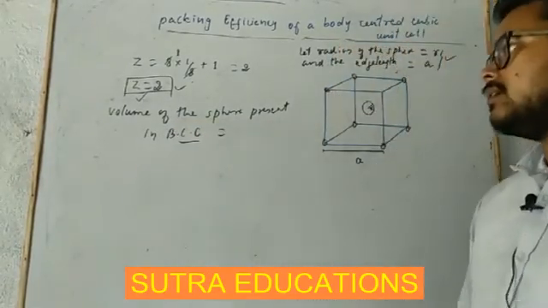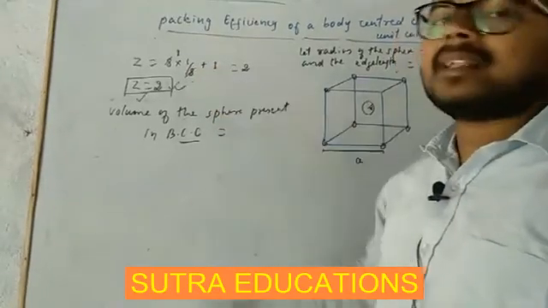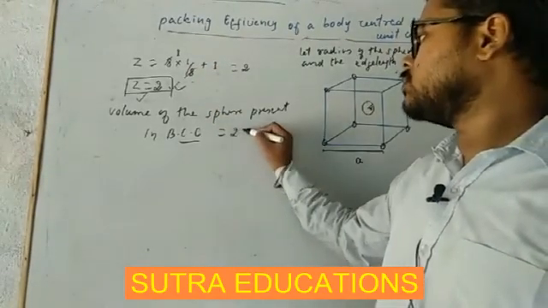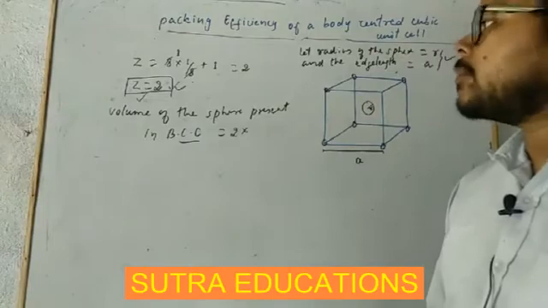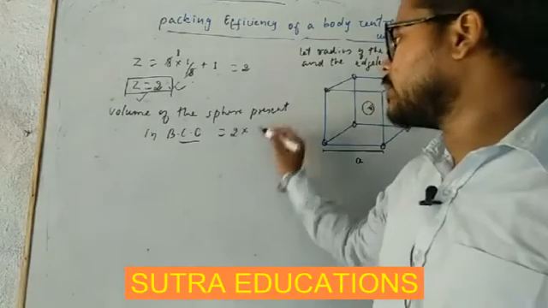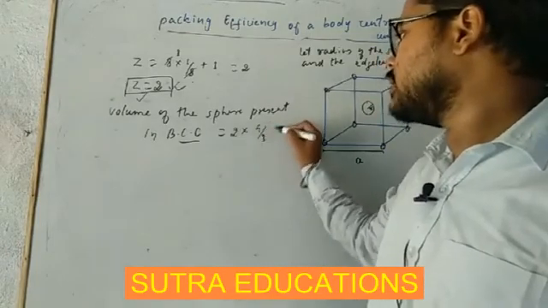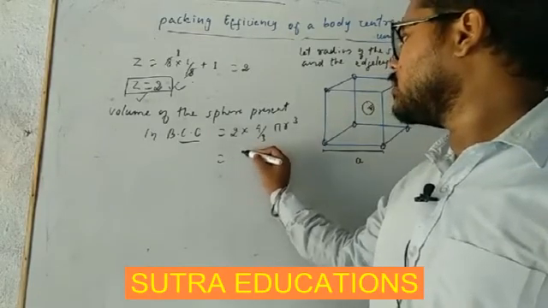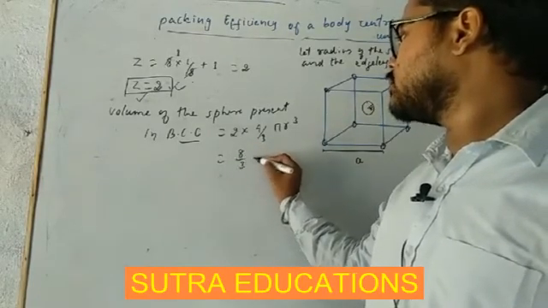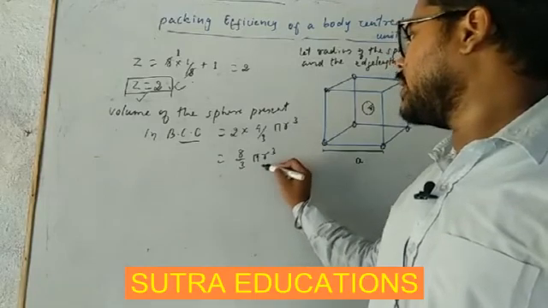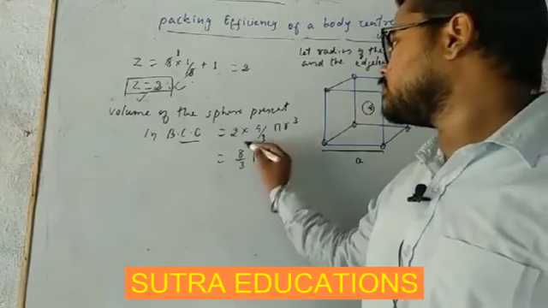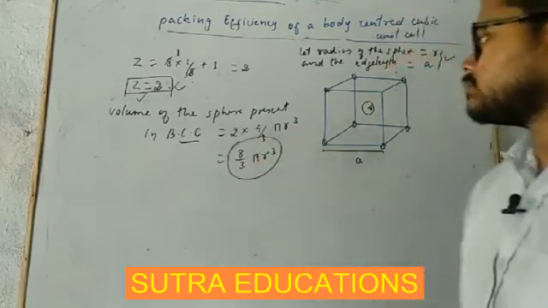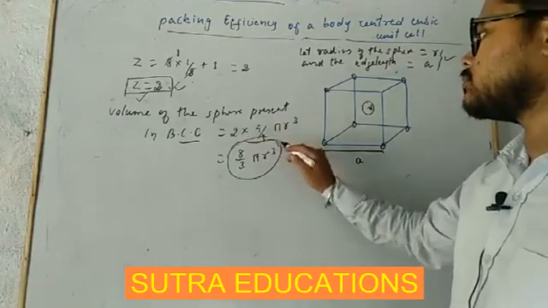Okay, two atoms are there, so 2 into volume of sphere, which is given by 4 by 3 pi r cubed, so it will be equal to 8 by 3 pi r cubed.